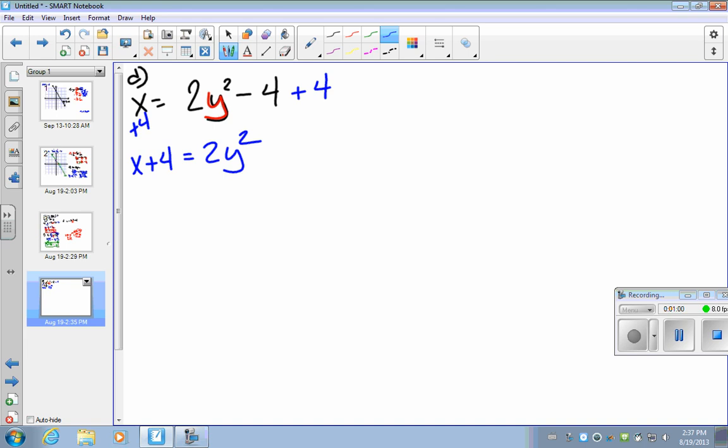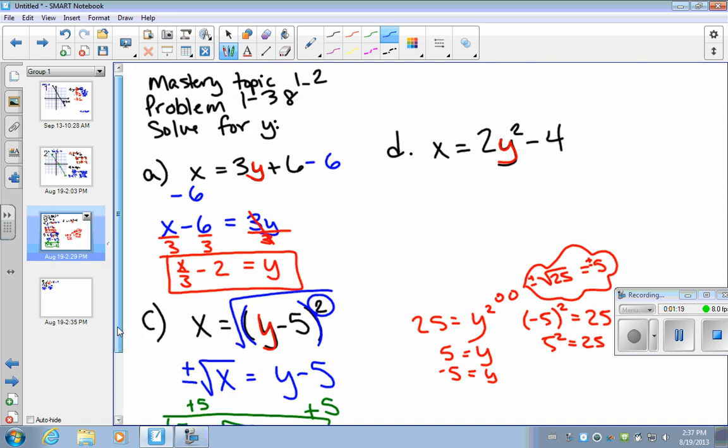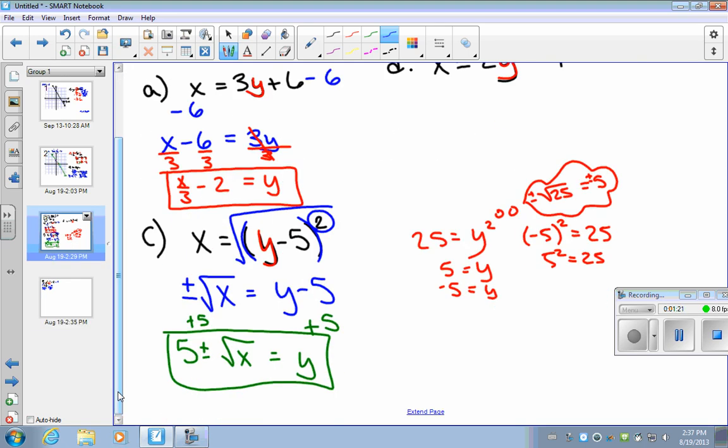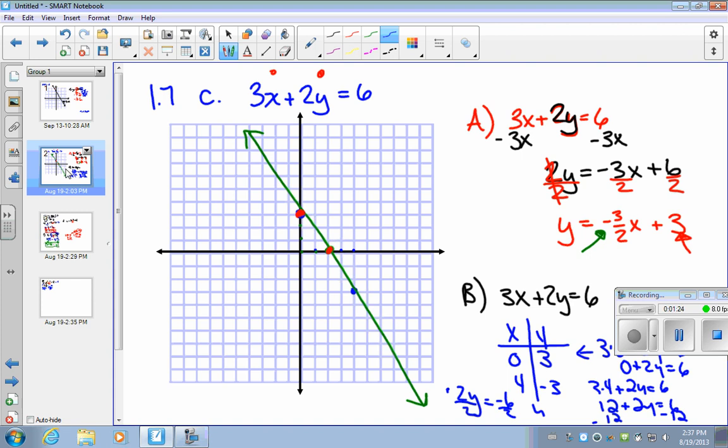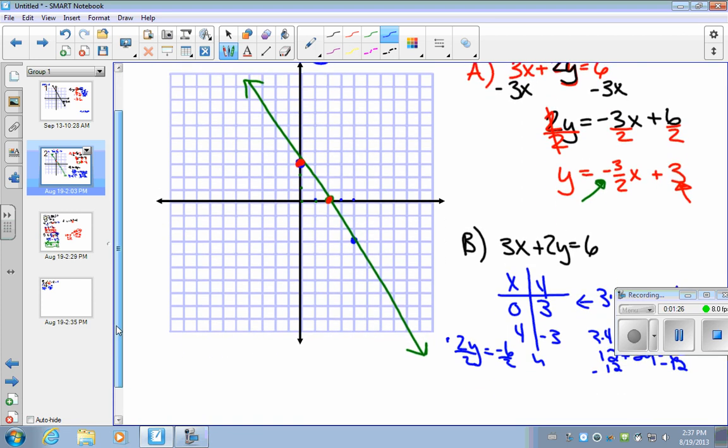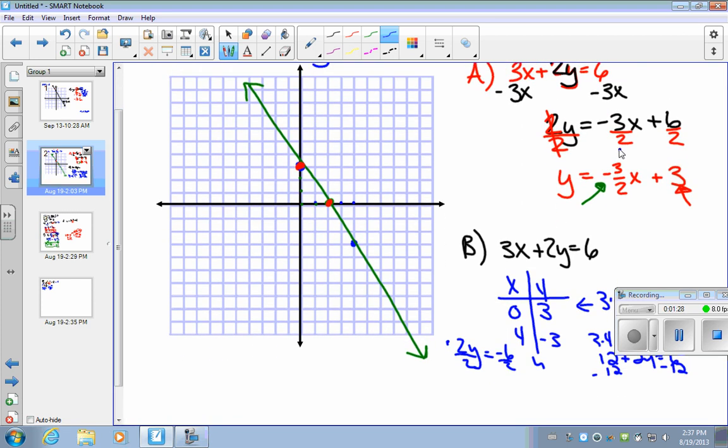Now again, I'm looking at the opposite of the order of operations. So now I'm going to multiply or divide from left to right. Well, in this case, I'm going to divide. Remember, if I'm going to divide one side by 2, I have to divide everything by 2. And in the last video, you noticed that when I divided everything, I divided them separately, like with the 2's here.